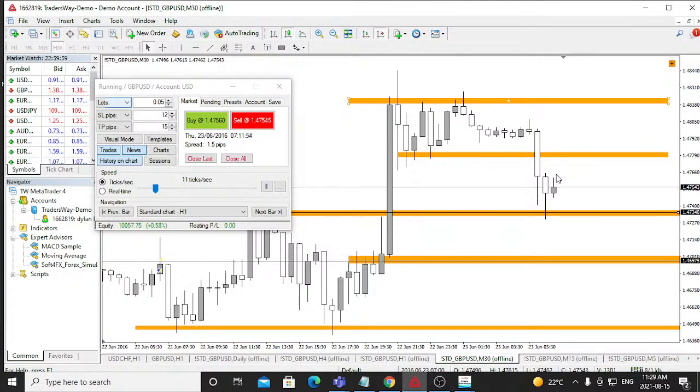We have price retracing here. Yeah, so like I was saying, this could be a no trade day.